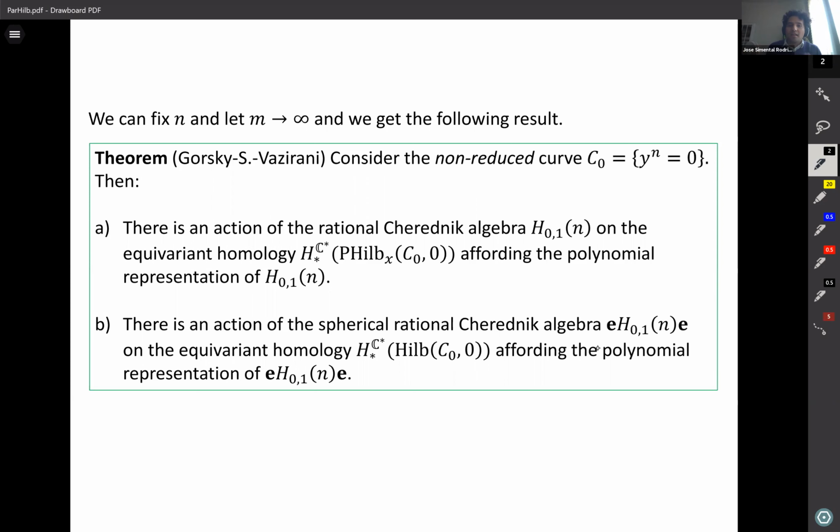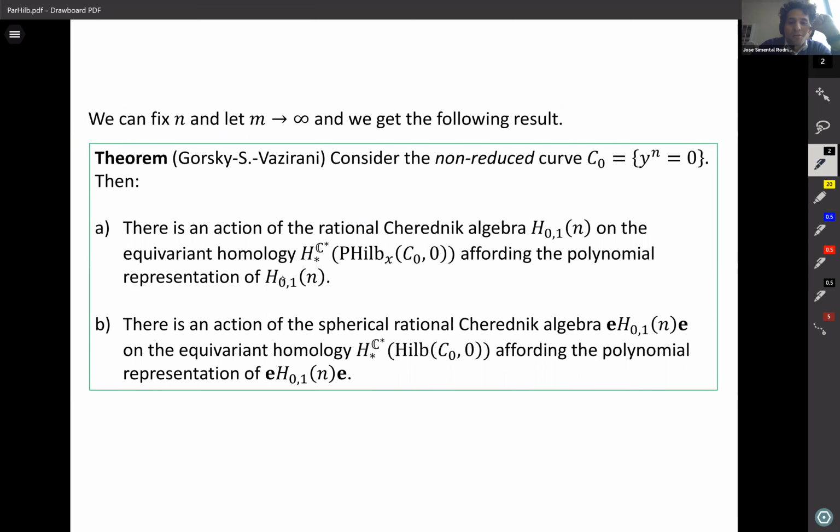Essentially, you can rescale and let t go to 0. So we can take a limit of our results, and we get an action of the Cherednik algebra on the equivariant homology of this non-reduced curve. That now will be the polynomial representation of this Cherednik algebra with parameters 0, 1.